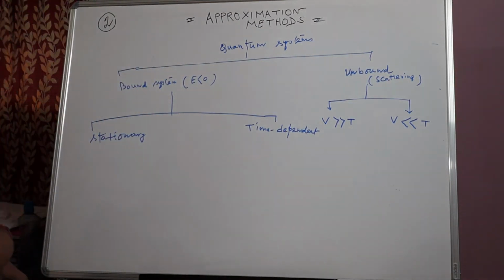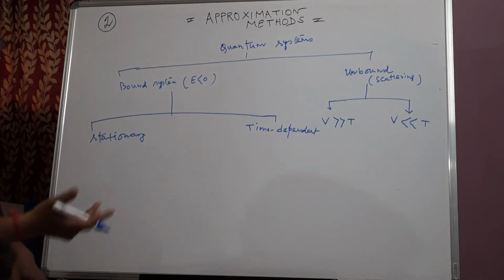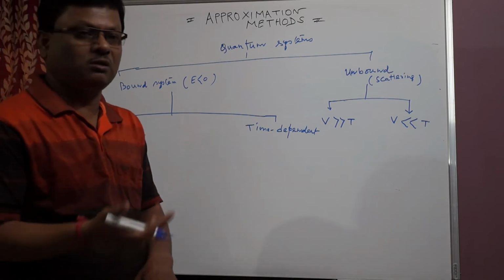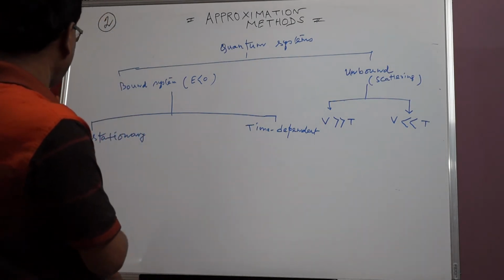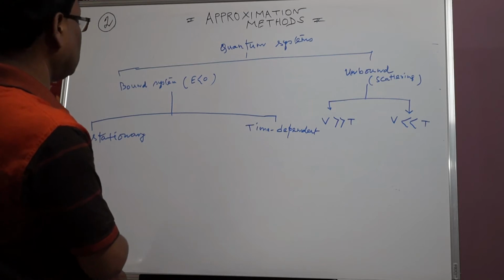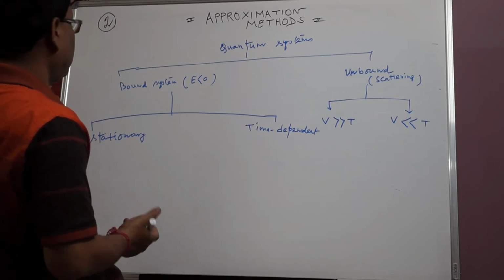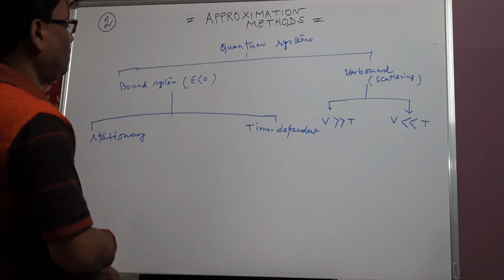Stationary bound system, the problem of the bound system in terms of approximation methods. So we divide it in two parts: the stationary, time independent part, and the time dependent part.